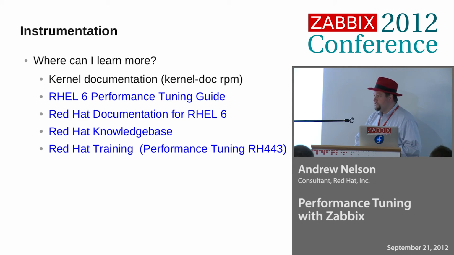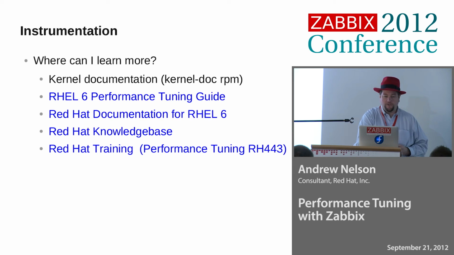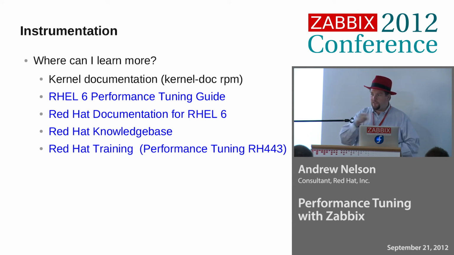There's also a performance tuning class that Red Hat does that is 1 week long that describes a lot of this in detail, going into disk tuning and so forth. And it was during this performance tuning class that I actually discovered SystemTap, thought about it, and said, this is something useful for Zabbix as well. And that's when I created the Zabbix stuff.